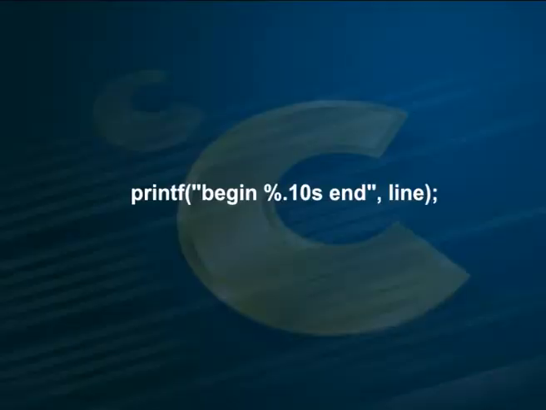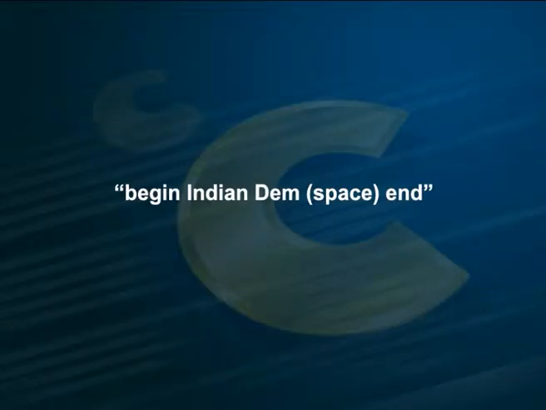So, applying a width of 10 does not make sense for this field, but if we write printf("begin %.10s end", line); it prints begin Indian dem end. The number after the decimal point is an indication that the string should be truncated to that many characters if the length is more than that number.